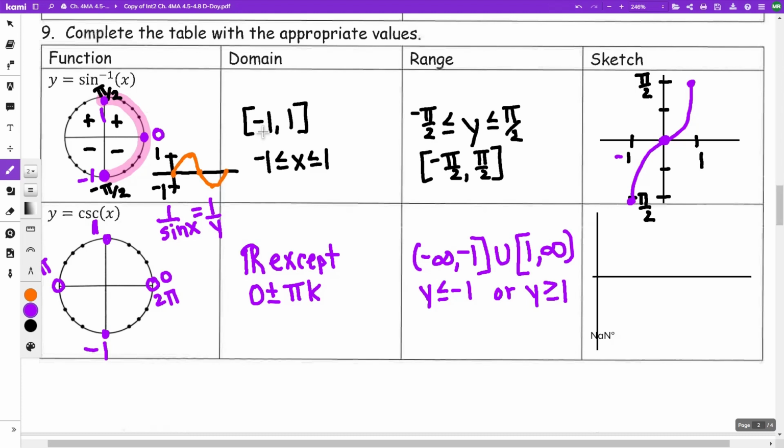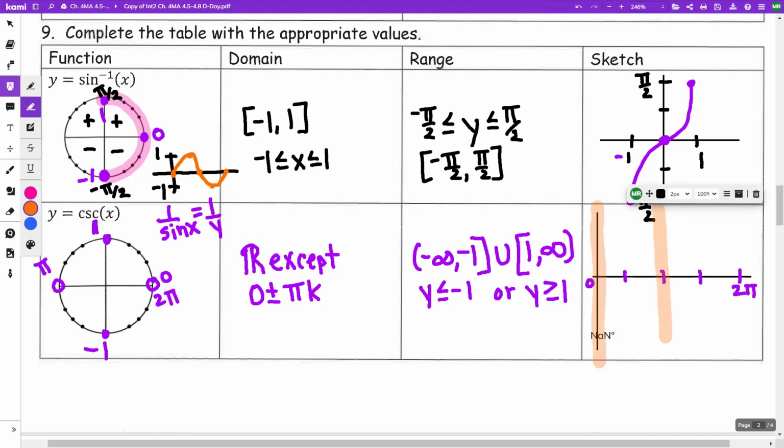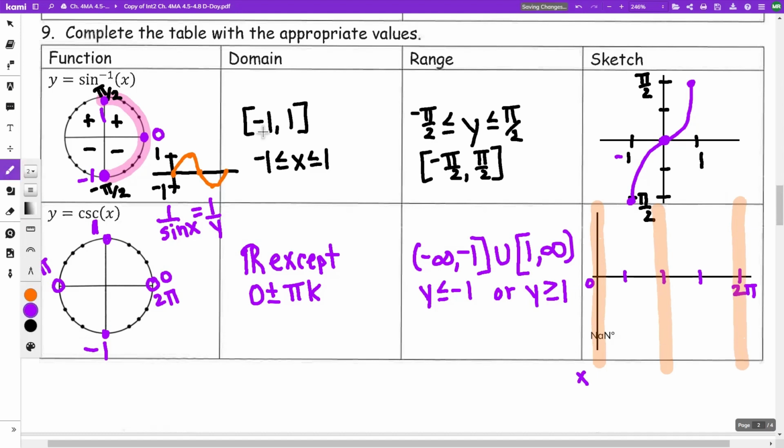That's going to be 1, 2, 3, 4, 5. So here at 0, all the way to 2 pi, I'm going to have asymptotes. I'm going to draw them in a highlight. So this is going to be 1 asymptote. This here at pi is going to be an asymptote. This here at 2 pi is going to be an asymptote. So I have them at x equals 0, at x equals pi, at x equals 2 pi.